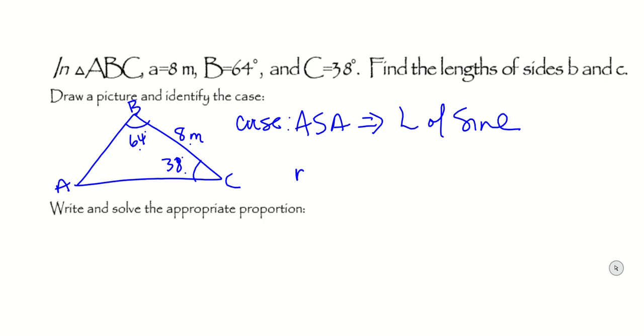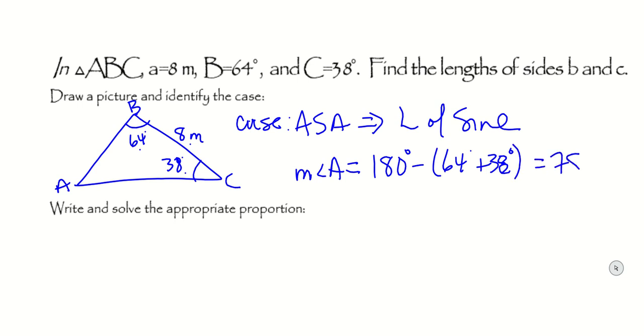But I know that I can find the measure of angle A. So the measure of angle A is 180 minus the sum of 64 and 38, right? The sum of the three angles of a triangle has to equal 180, which gives me that the measure of angle A is 78. We had that in the previous example. So now I know that this angle is 78 degrees. It wasn't given to me, but I can find it.